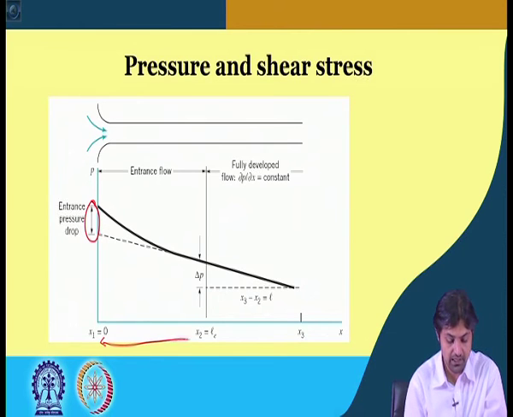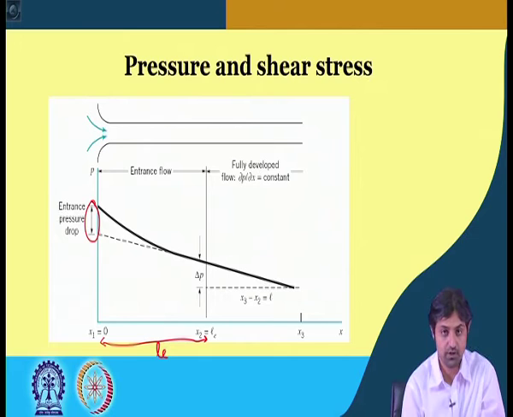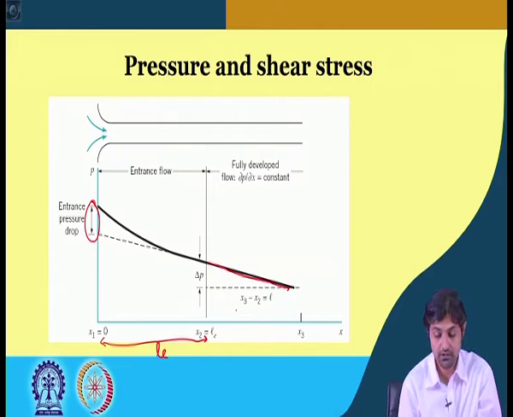This is LE, as we said, and this value can be calculated based on the Reynolds number. If the flow is laminar, it is 0.06 Re, whereas if it is turbulent, it is of the order of Re to the power 1/6. However, after the flow has become fully developed, the pressure drop per unit length dP/dx becomes constant.